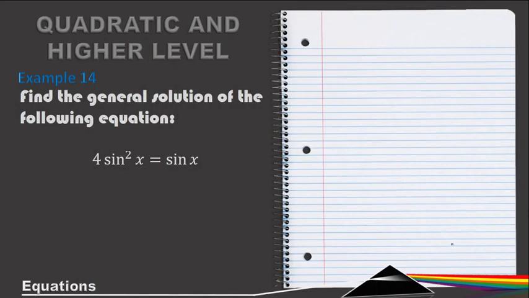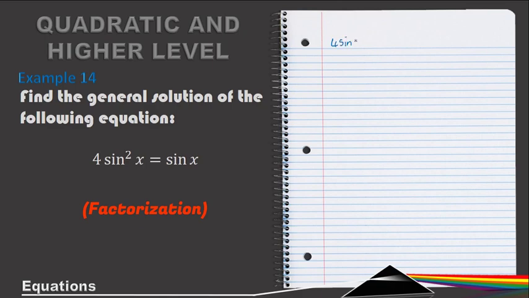Now for example 14, in this case, I've got 4 sine squared x on one side and sine x on the other, and here's an example of where you have to use factorization. The first thing I'm going to do is get both on the same side.